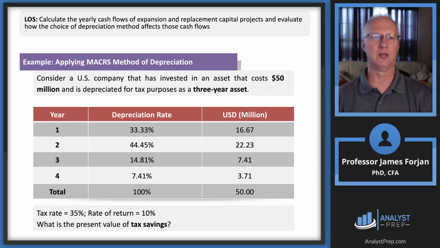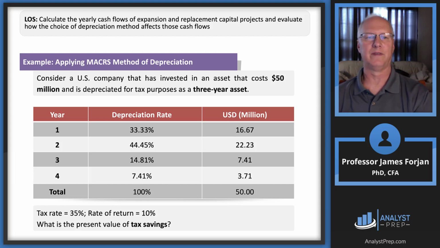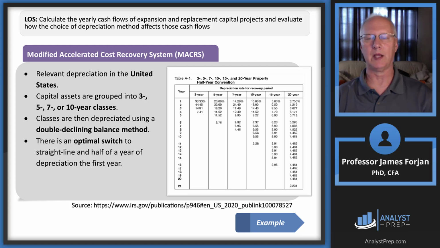Here's just a quick example to address that LOS, evaluate choice of depreciation, right? Asset cost $50 million, depreciated as a 3-year asset. So there are depreciation percentages that we get from our table back here. And of course, the Institute would give you those percentages. They would not make you memorize them.